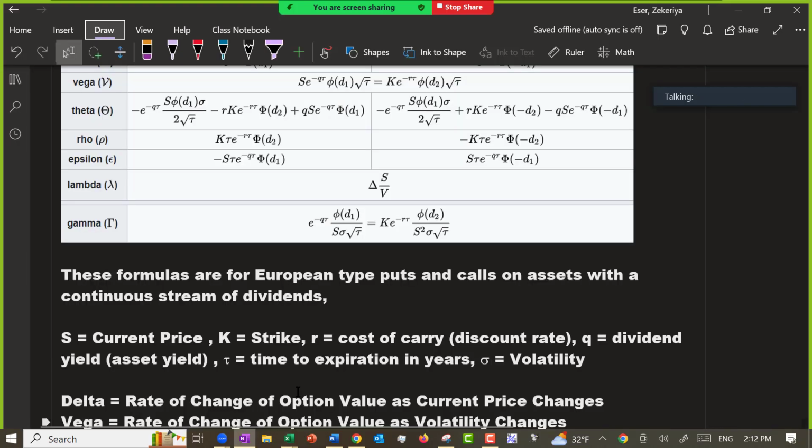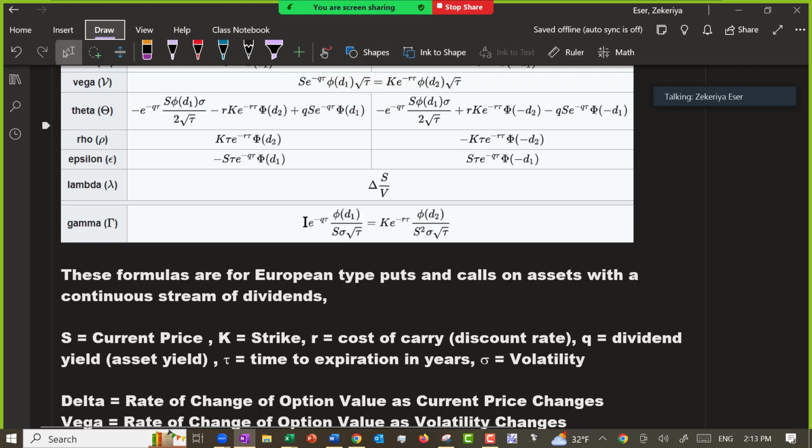Next, gamma is going to be relatively easy to do. Let's see. This is PVA.